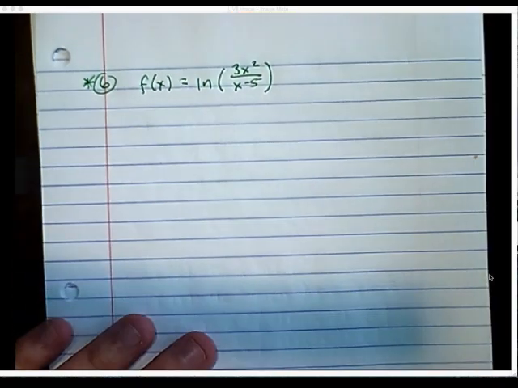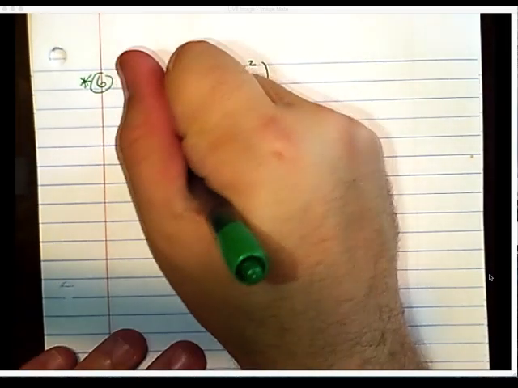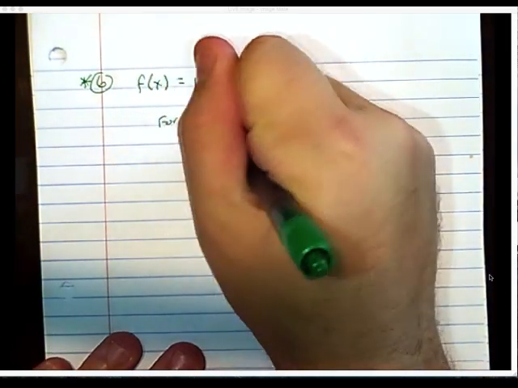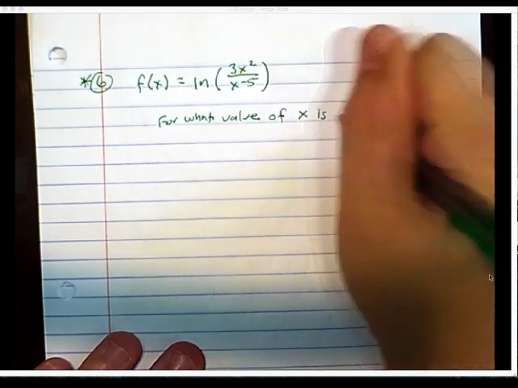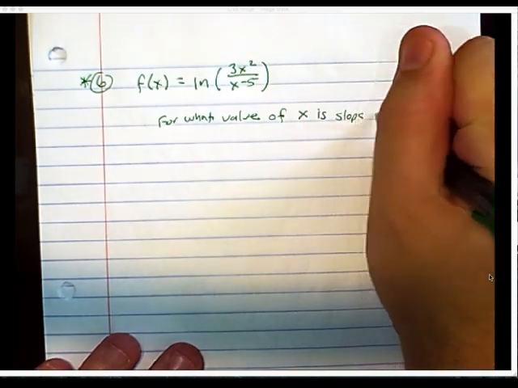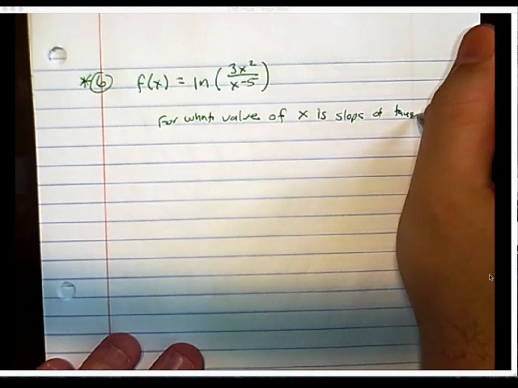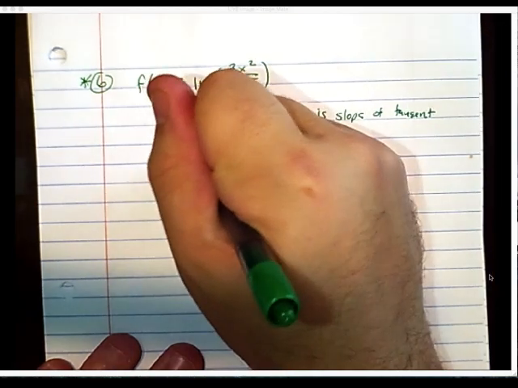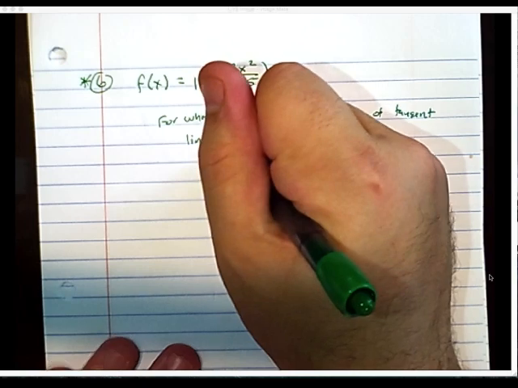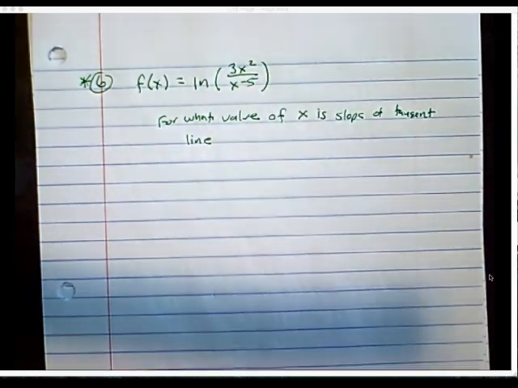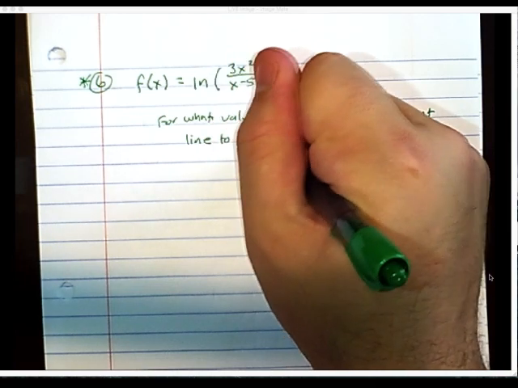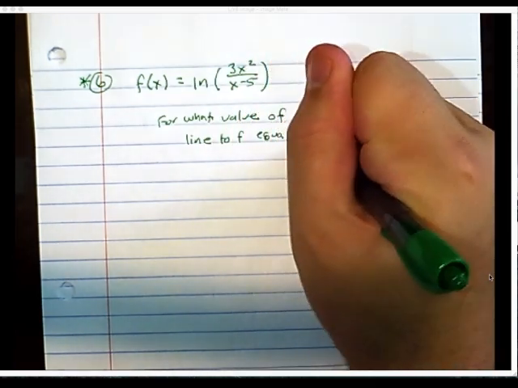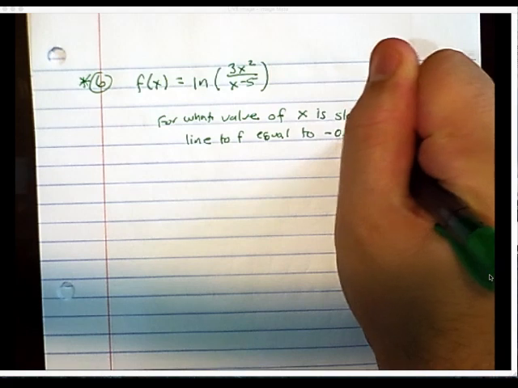For what value of x is the slope of the tangent line to f equal to negative 0.4.